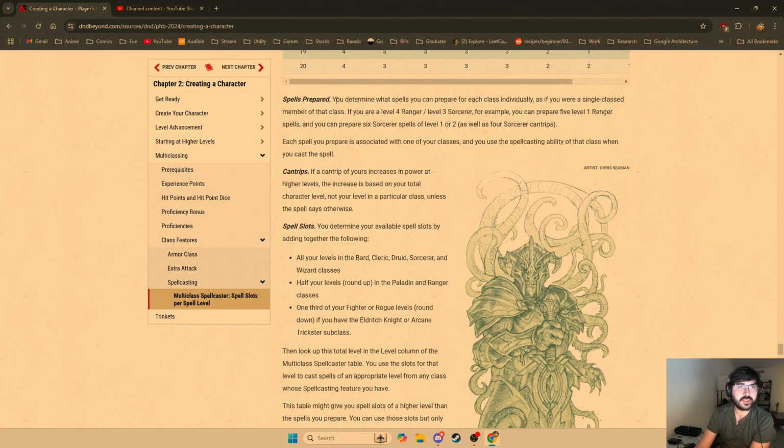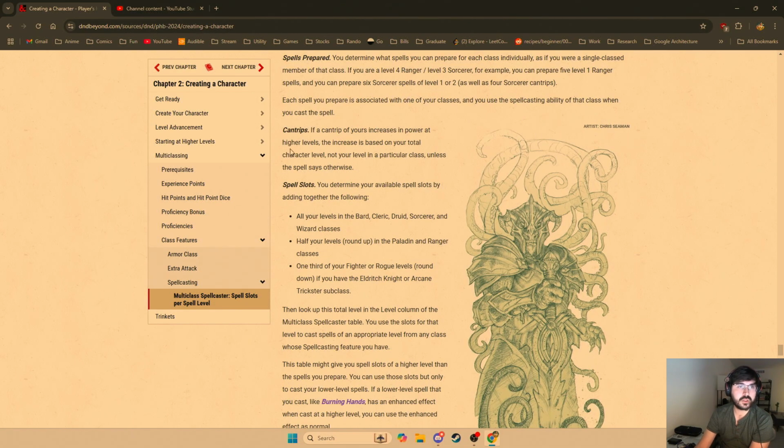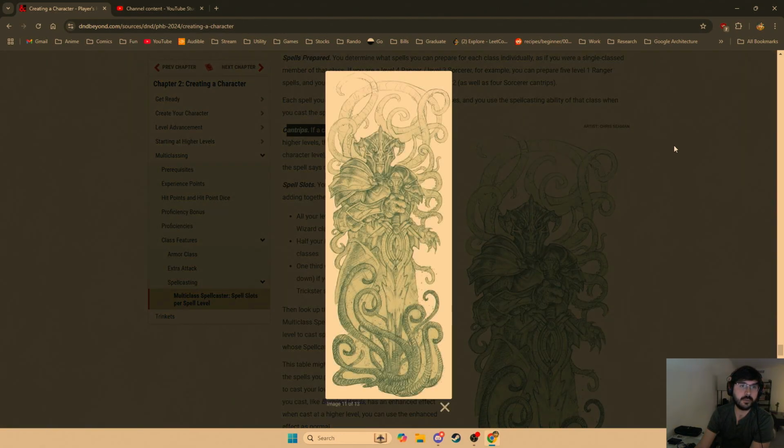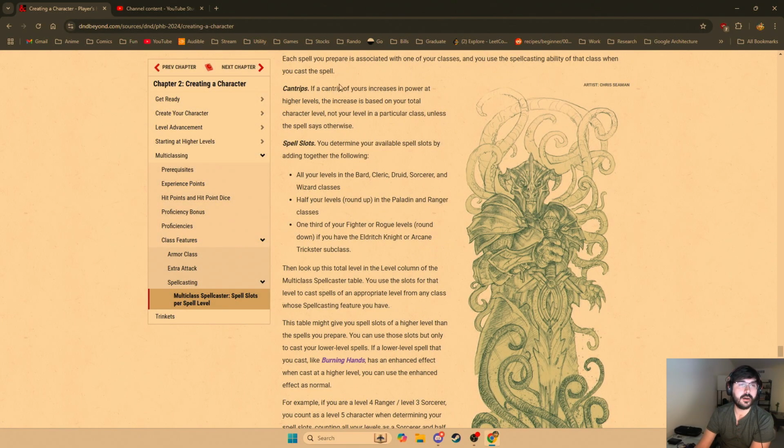Preparing spells depends on your class and when you can swap them out. Whether you can swap them out is really impacted by those individual classes. Cantrips are the spells that you can just perpetually throw out. It will normally tell you when it increases at a specific level, and it's normally impacted by your character's total level, not particularly your class.